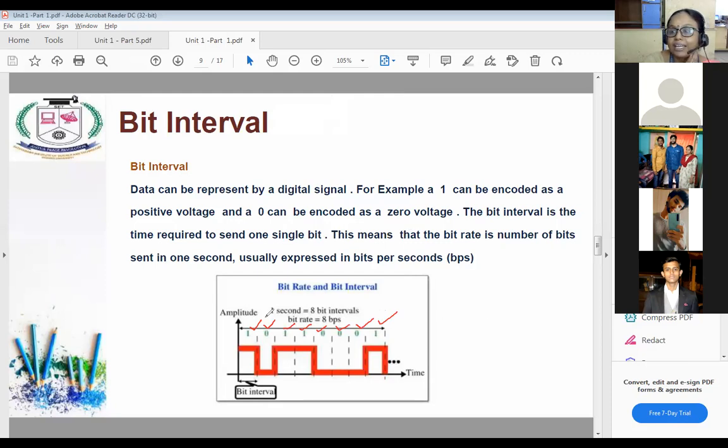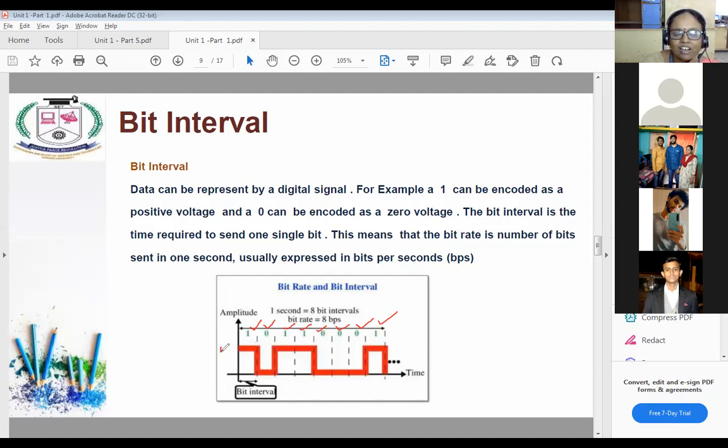And what is the interval? 1 second they have given. The bit interval is 1 second. And how many bits are there? 8. So what is the meaning of that? 8 bits per second. 1 second is equal to the bit interval. 8 bits per second are traveling. Do you all understand? 1 means it has a high voltage, 0 means it is encoded as 0 voltage.